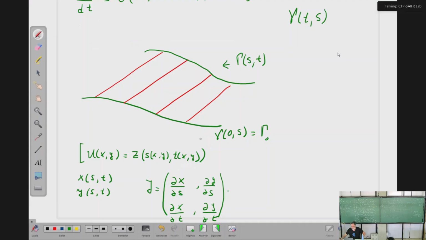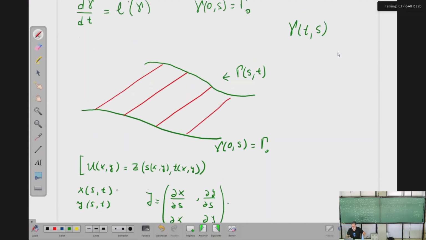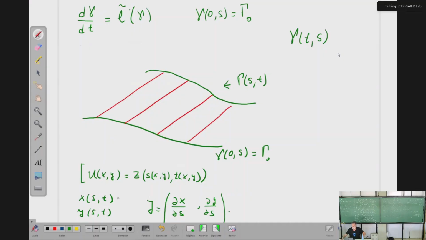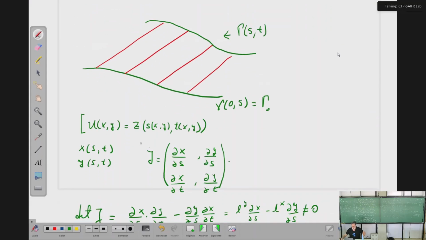Because these are parameters. So when I move s along this, it's some function here, and then I move t, which is along the lines. And what I have, when I'm solving this problem upstairs, is some x of s,t and y of s,t, right?